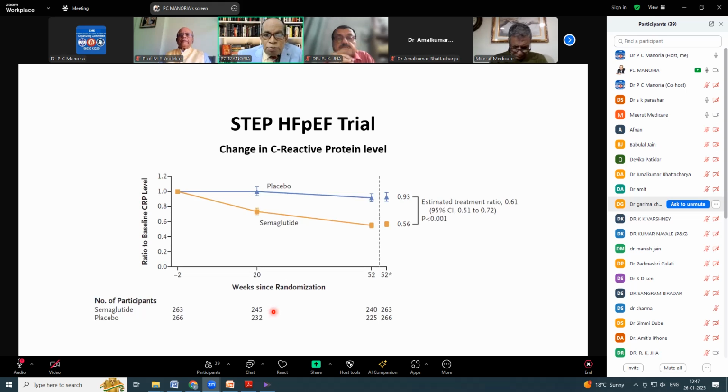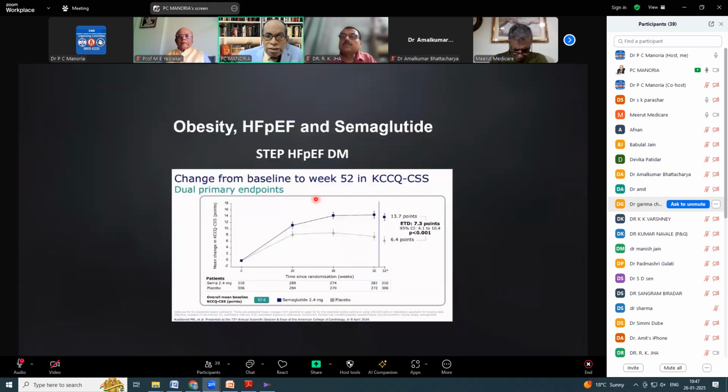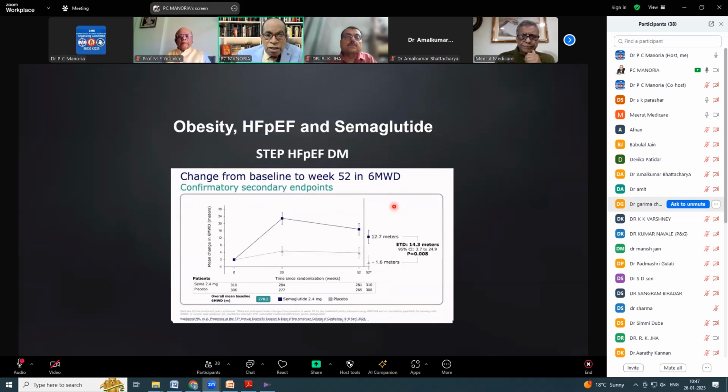Then the STEP-HFpEF showed that there is also decrease in the CRP. And then we have the STEP-HFpEF DM trial, again 600 patients or so, again BMI more than 30. You can see the change from baseline, the primary endpoint KCCQ showed significant improvement. Again, the second primary endpoint, weight reduction, was significant.